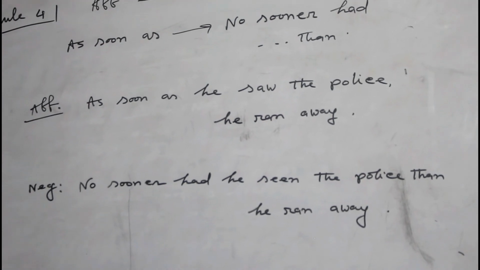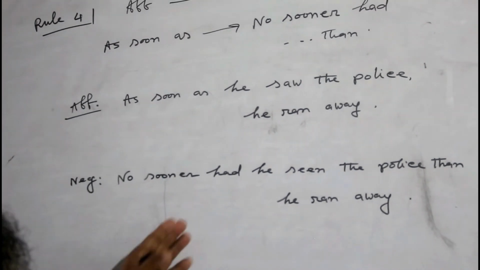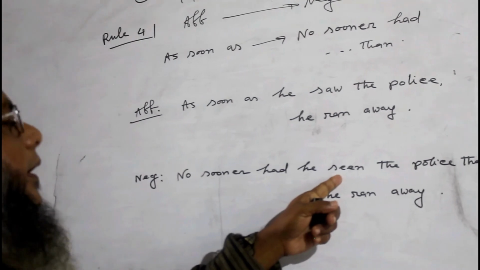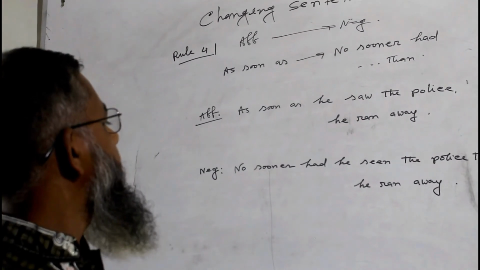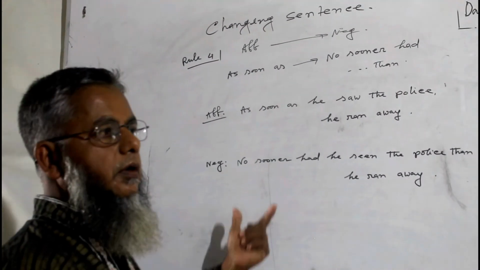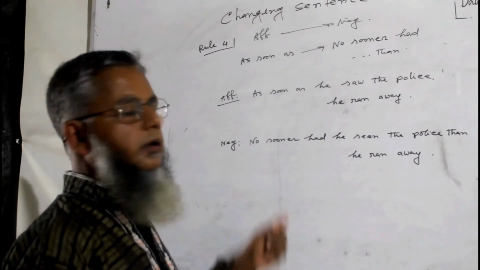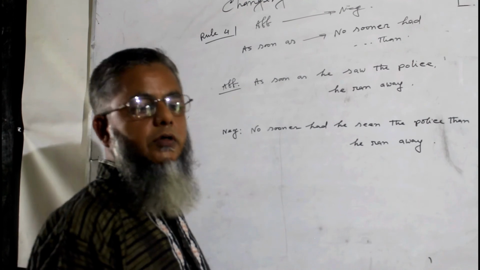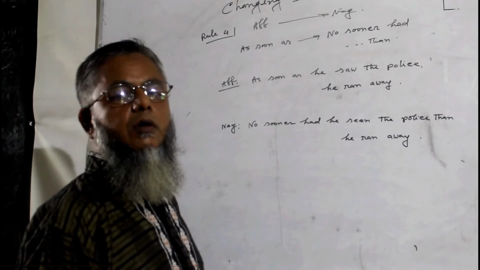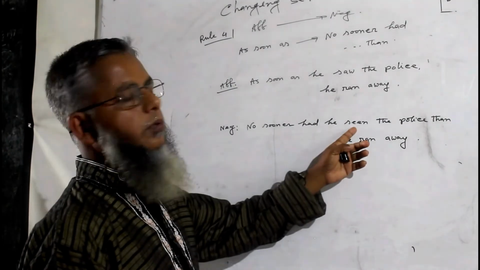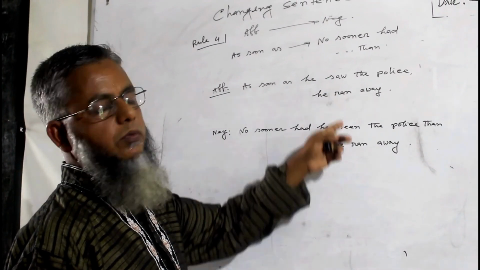I use have seen instead of saw. Why? Because with no sooner had, actually the sentence is past perfect. So we have to use past participle form instead of past form.